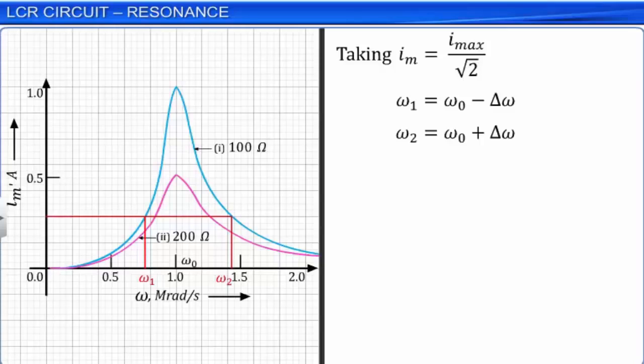Hence, the difference between omega 2 and omega 1 is equal to 2 delta omega. This is known as the bandwidth of the circuit. The ratio of omega naught to 2 delta omega is a measure of the sharpness of the resonance. A larger ratio indicates a sharper resonance.